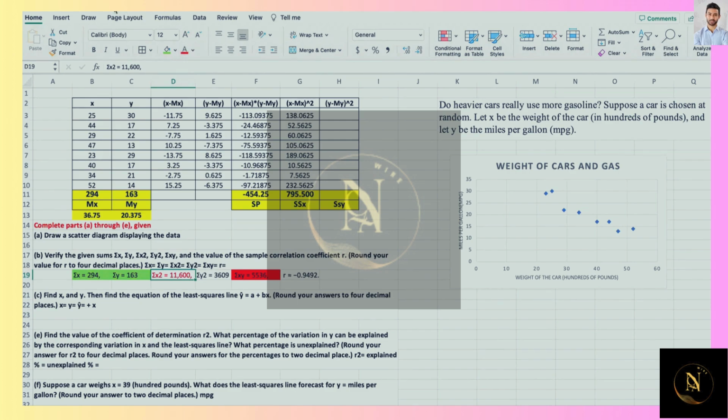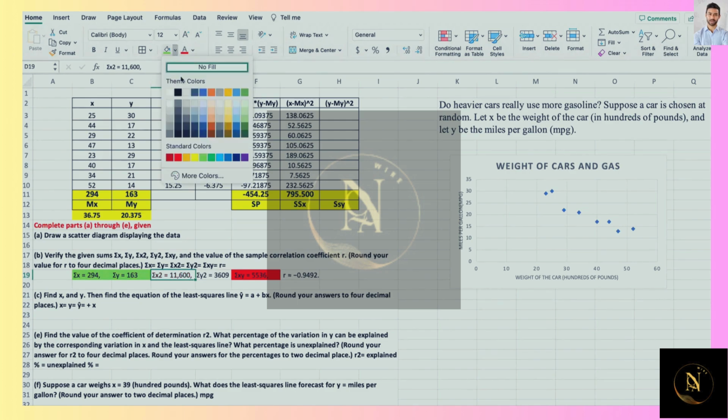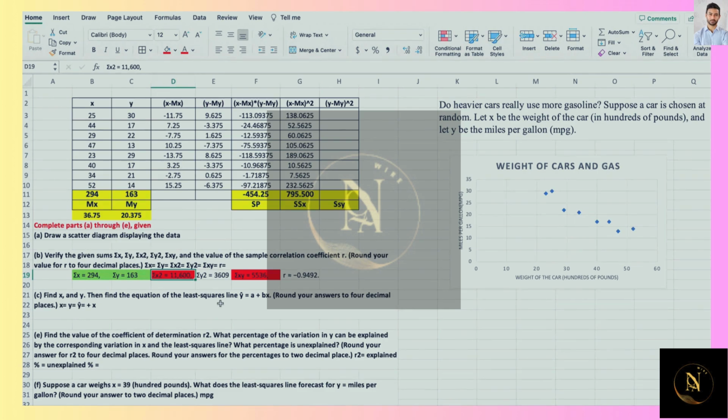So that is not correct. Let me see if this is correct now. And then let me total that. 287. Nope, that is not correct either.